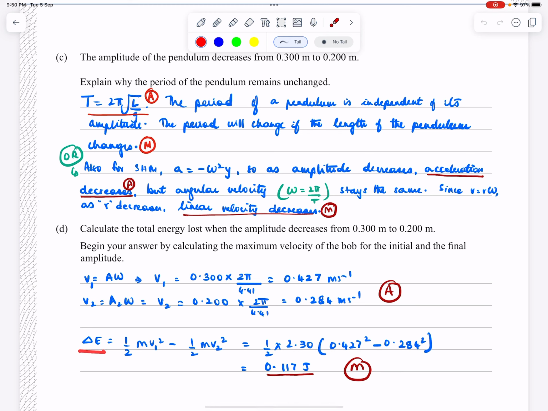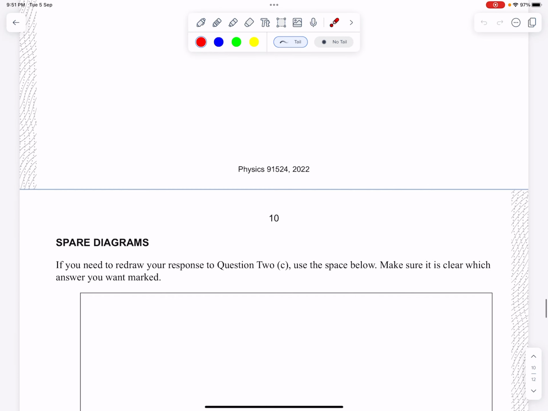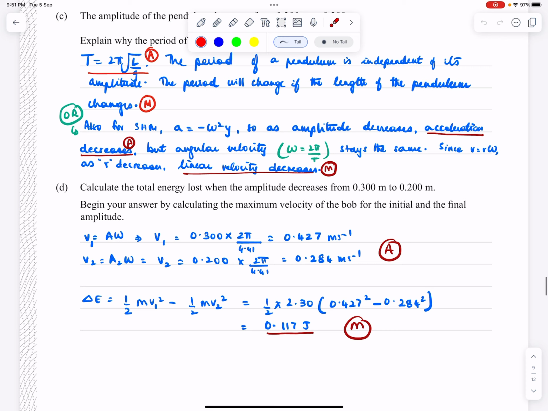So the change in energy is the change in the kinetic energy. So it's half times m, which is constant, times v1 squared minus v2 squared, and you get that's the energy lost, and that was merit. And that's the paper all done. I hope that helped.